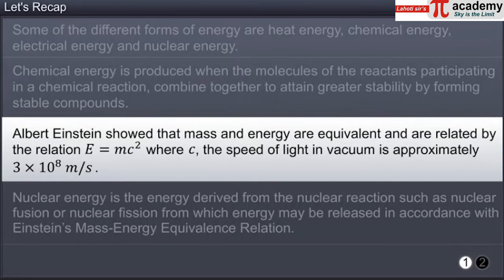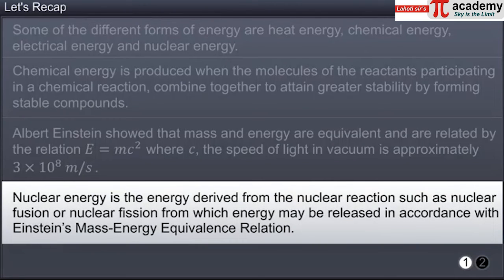Albert Einstein showed that mass and energy are equivalent and are related by the relation E is equal to mc square, where c, the speed of light in vacuum, is approximately 3 into 10 raised to 8 meters per second.